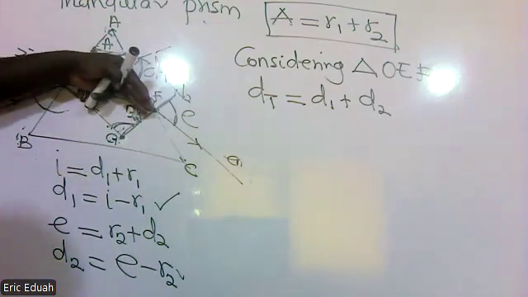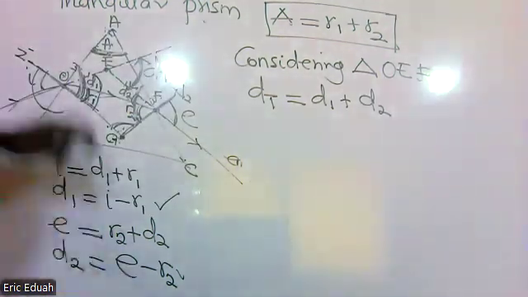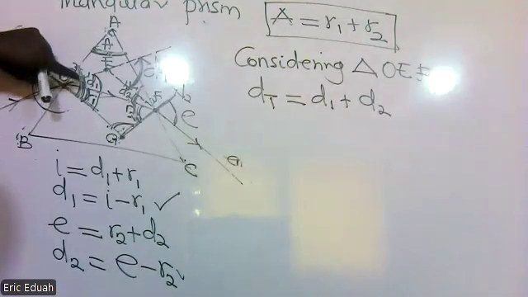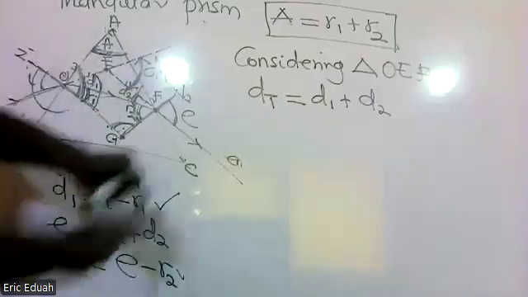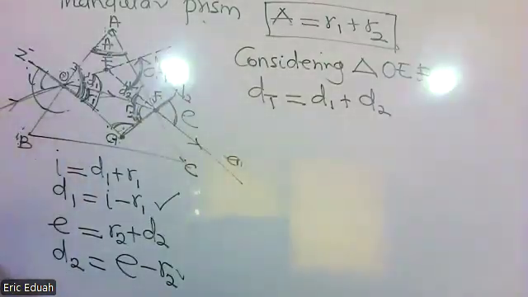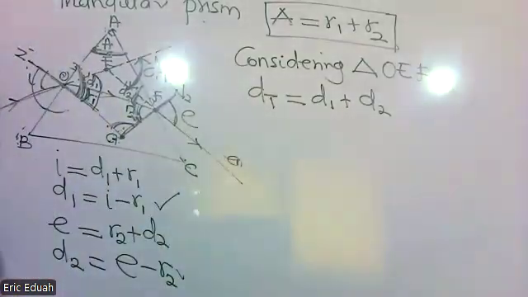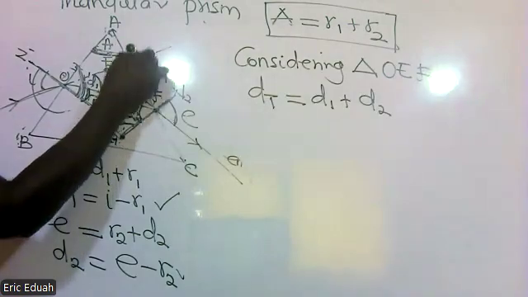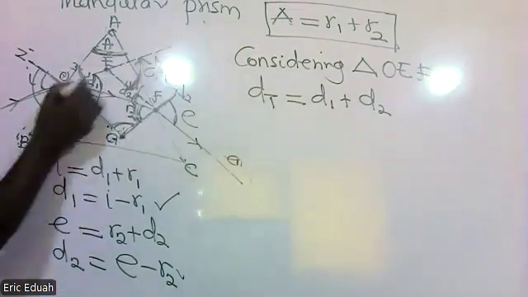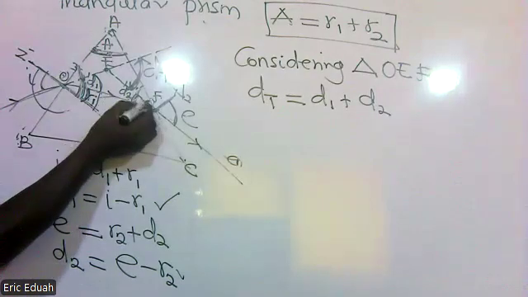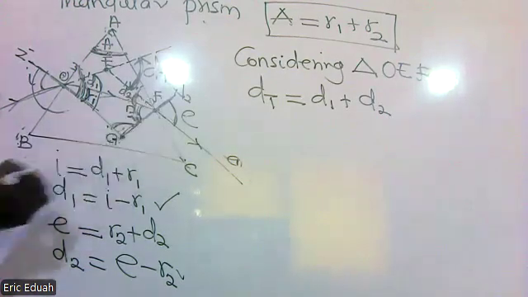When it is coming out of it, it will also deviate. But triangular prisms have the ability to add deviations here and here to form a larger deviation. And that is what this spells out: the total deviation over here is equal to the deviation D1 here and then the deviation D2 at the other side.